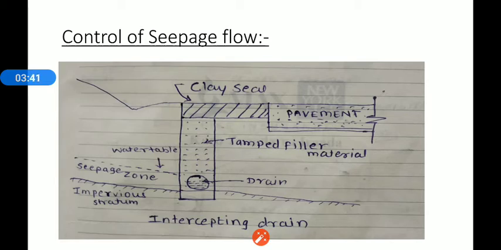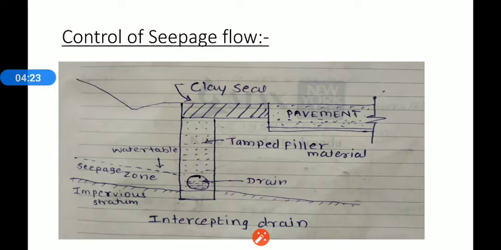Friends, you see these pictures. Control of seepage flow: if the seepage zone exists within 1 meter depth from the surface, then installation of an intercepting drain is found useful. You see this diagram, in which intercepting drains are provided. If the seepage zone is wider or the impermeable strata is deep, then provision of a drain to keep the water table about 1.30 meter below the formation has been found very satisfactory.